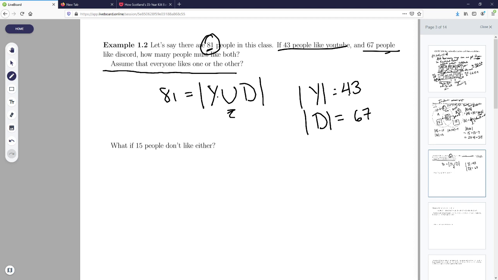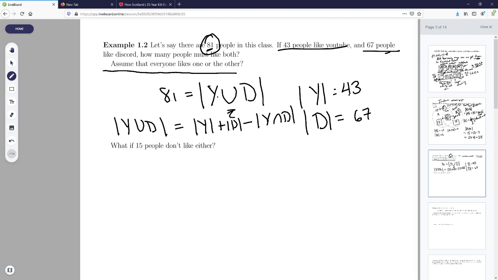Now we have to do a little bit of subtraction. The number of things in Y union D is equal to the number in Y plus the number in D, or I'm sorry, not plus, because it's inclusion and exclusion, minus the number of things in Y intersection D.